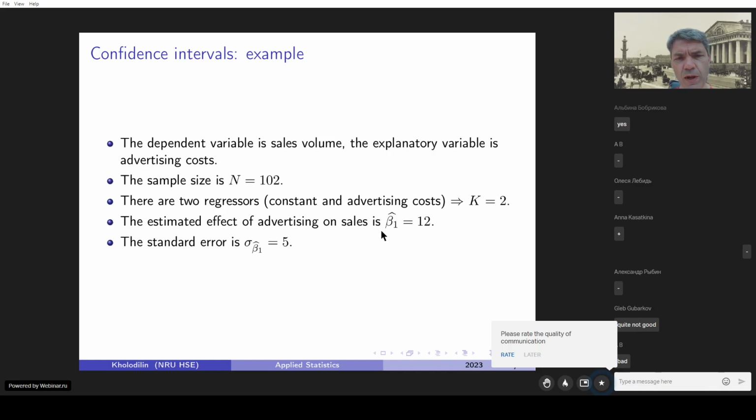where the estimate of beta 1 is equal to 12. And its standard error is equal to 5. Now tell me, please, what's the effect of advertising costs on sales? In which direction does it go?